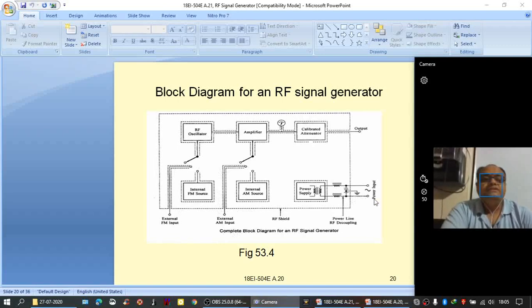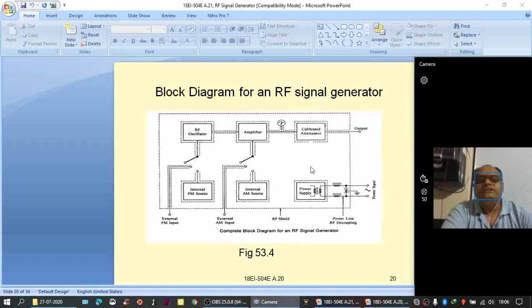And you can see from the supply mains the input is taken, and using the chokes and capacitors the power supply to the circuit is taken, and even that also is shielded here. The entire unit once again is shielded. This portion is called power line RF decoupling.